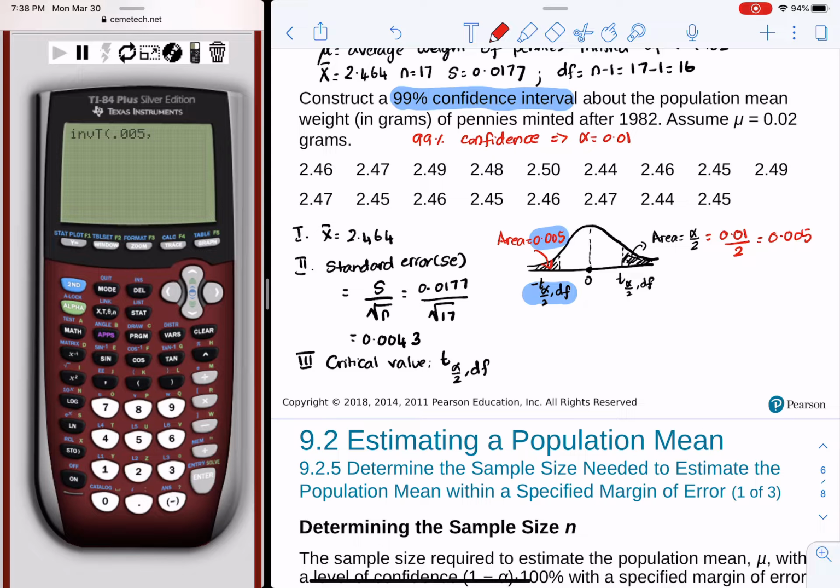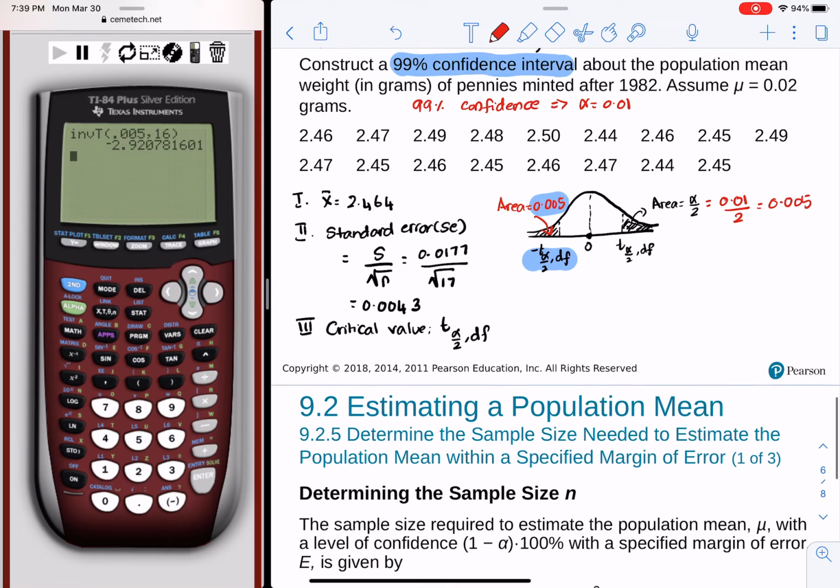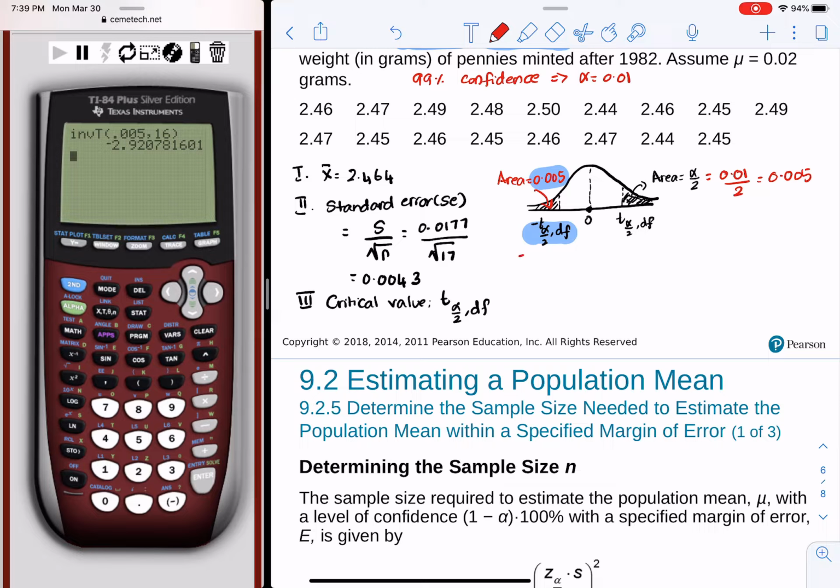It is not the sample size, rather it is the sample size minus 1. So we have 16. Enter. We end up getting negative 2.921. If that value on the left-hand side is negative 2.921, on the right-hand side it would be positive 2.921.